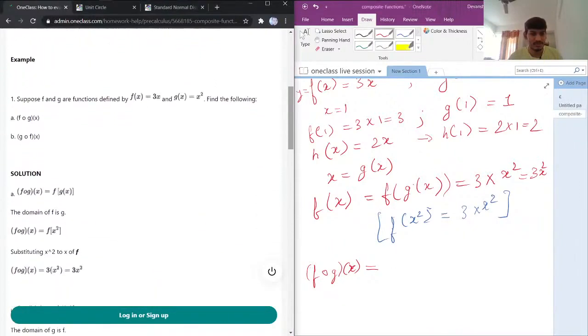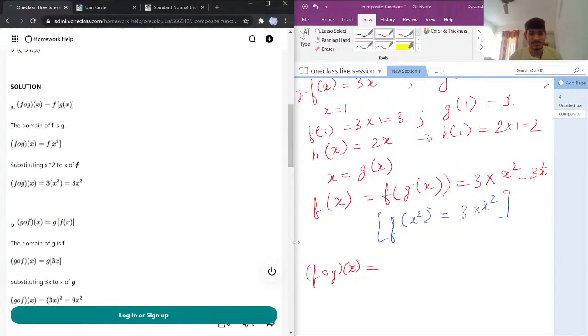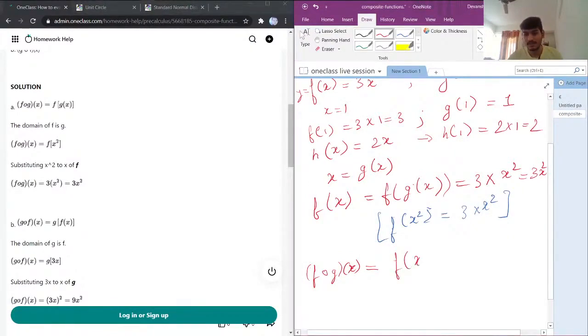Let's just see. Yeah, so here you can see the answer. It is written as f of x square, which is equal to 3x square.